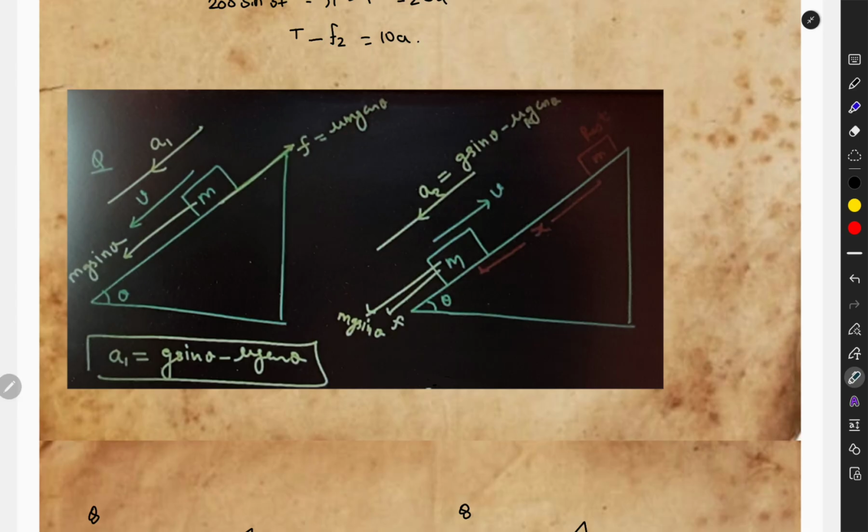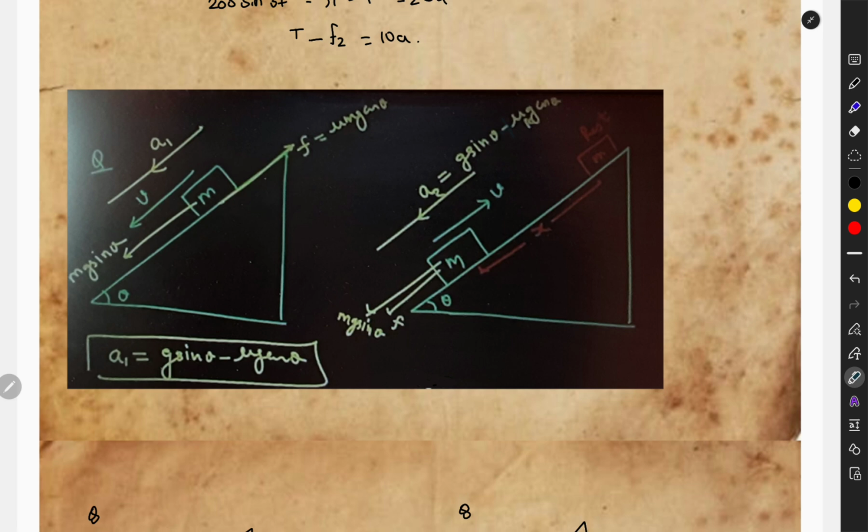In the opposite case, when the block is climbing up and comes to rest, acceleration is in this direction and velocity is in this direction. Since the block is moving in this direction, friction will be in this direction. So mg sin theta plus f, so g sin theta plus mu g cos theta will be the acceleration.